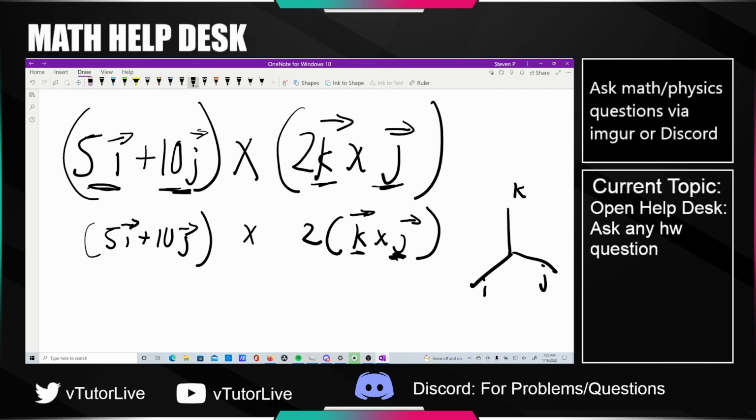I'm not quite sure. So this is the positive I direction, and this is the negative I direction, whereas this is the J direction, and this is the negative J direction, and similarly for K. But if it's K cross J, how do I start that problem?